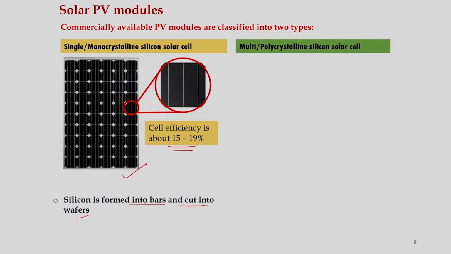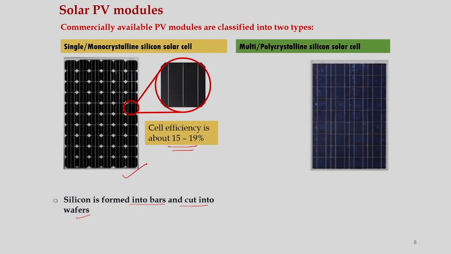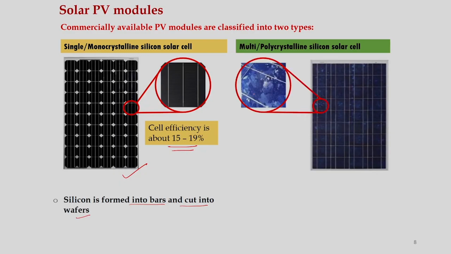In the case of multi or polycrystalline silicon solar cells, the configuration is something like this, and we get this kind of picture because of the grains. There are many grains, and the conversion efficiency is about 12 to 15%. Mostly these multicrystalline solar cells are used in many solar power plants because of the cost.